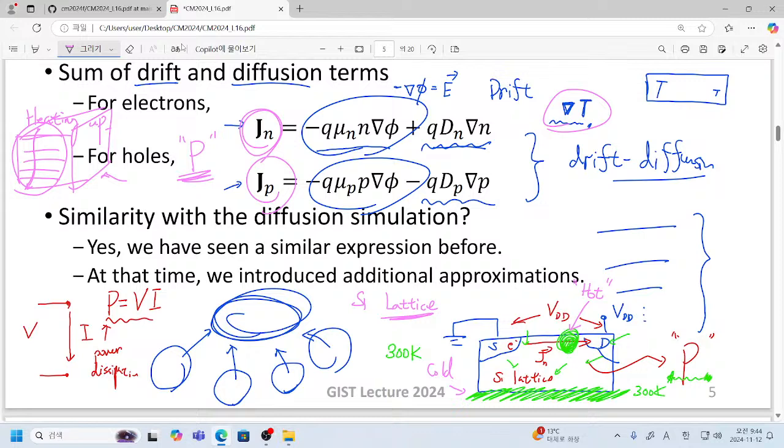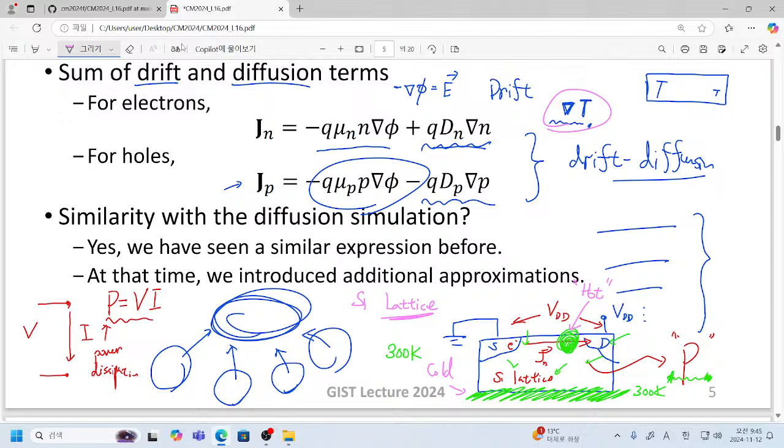So temperature is quite close to this ambient temperature, and we don't have to consider temperature gradient. That is the basic assumption we have used in this drift diffusion model. Please note that we are now following the historical development of our models.